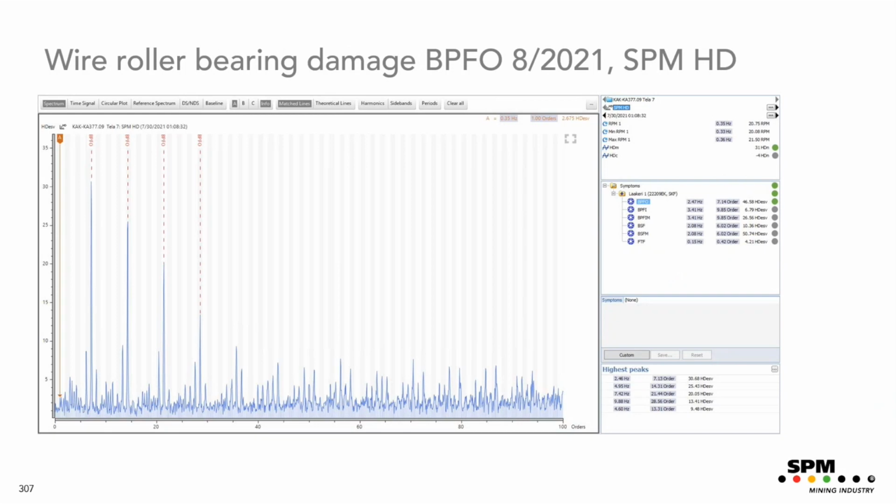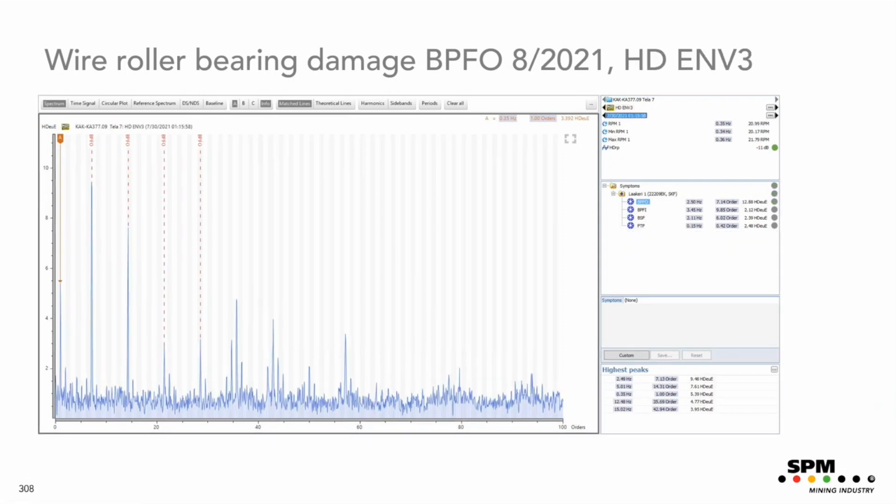However, what I wanted to highlight here is the very crisp and clear results we get. Here is from SBM HD, and the max RPM is 20.5 RPM and the minimum RPM is 20.08. Very crisp and clear. Same measuring point, but we look at HD enveloping filter 3.